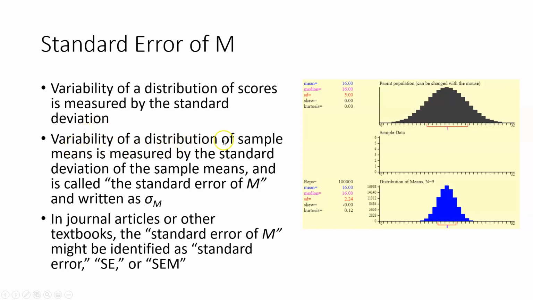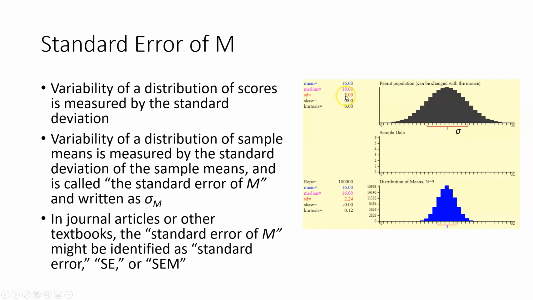Variability of a distribution of sample means is measured by the standard deviation of the sample means and is called the standard error of the mean and written as sigma sub m. So, variability of a distribution of scores is measured by the standard deviation, as indicated here. The red bar shows how far the standard deviation is.